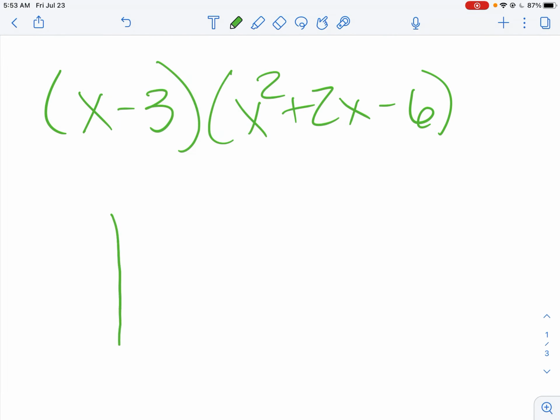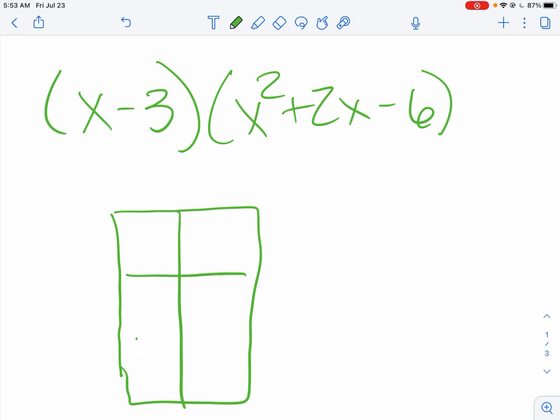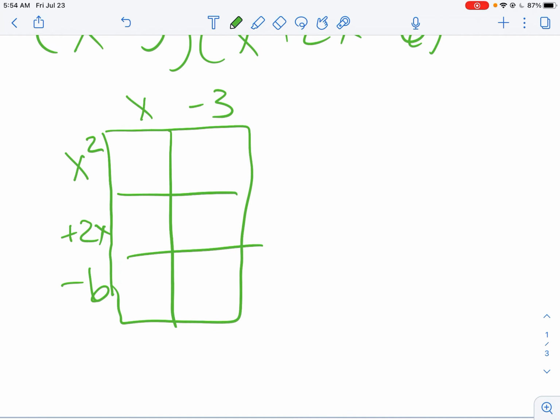Okay? So I'm going to take a binomial and multiply it by a trinomial. So x times x squared gets x to the third. -3 times x squared gets -3x squared.